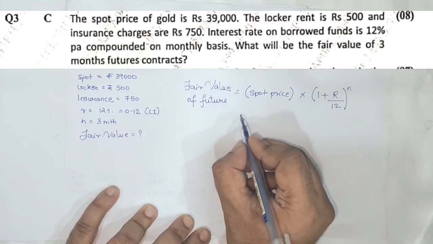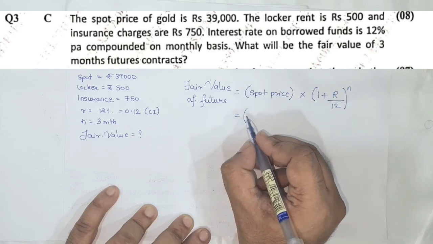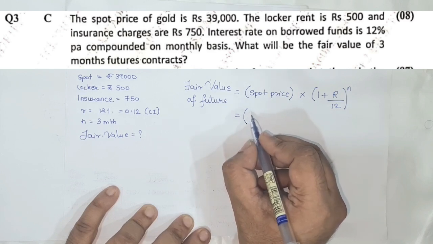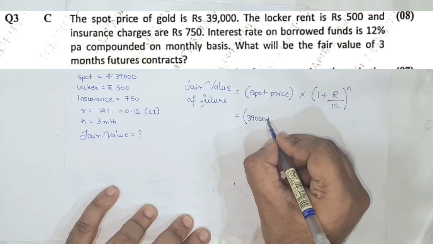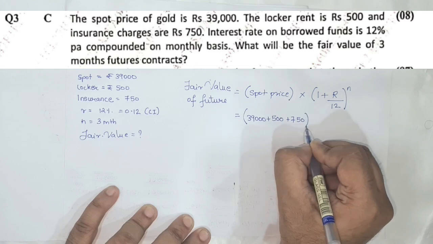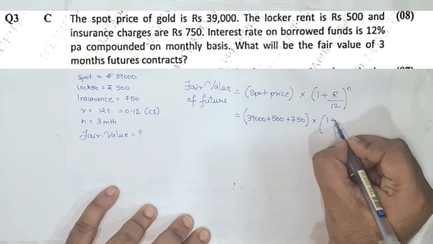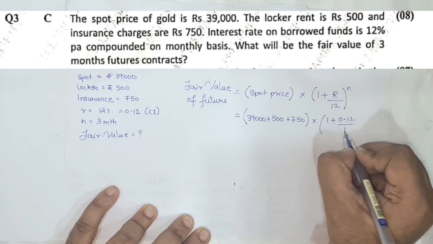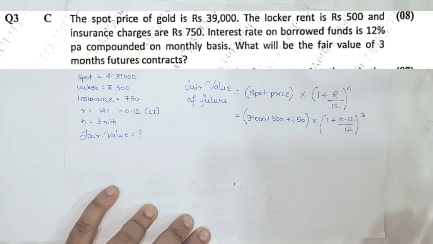That will be the formula that we'll be using. Now the spot price in the sum is all the amounts that they have given us: the gold value, which is 39,000, the locker rent, which is 500, and insurance 750. So altogether the spot price into 1 plus rate, 0.12 upon 12, raised to the power of n. The number they have given you is 3 months.